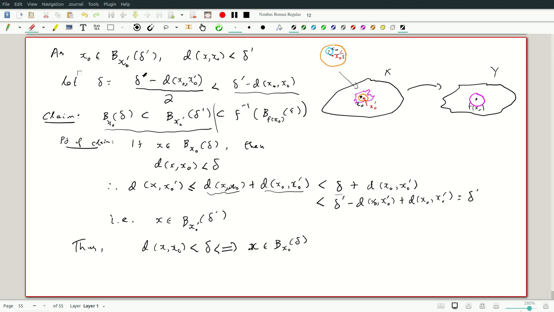Since that is the statement here, let me write it this way. So this ball is contained in F inverse of the ball around f of x0 of radius epsilon. So that means f of x is contained in the ball around f of x0 of radius epsilon, which implies that the distance between f of x and f of x0 is less than epsilon. So we've got exactly the analysis definition from the topology definition.